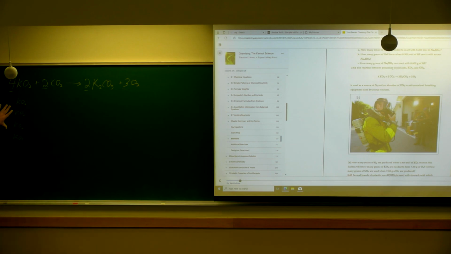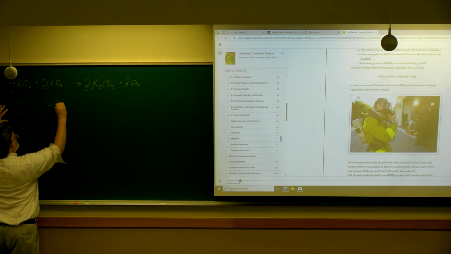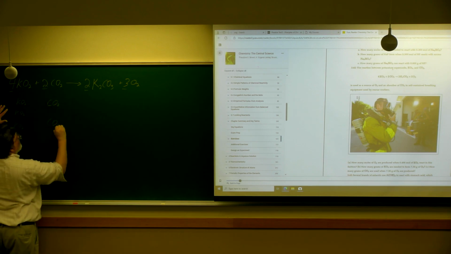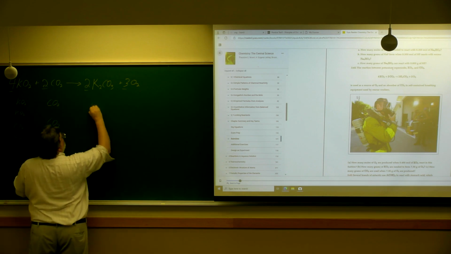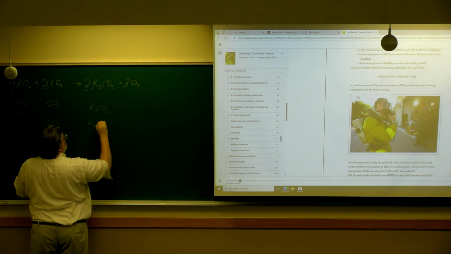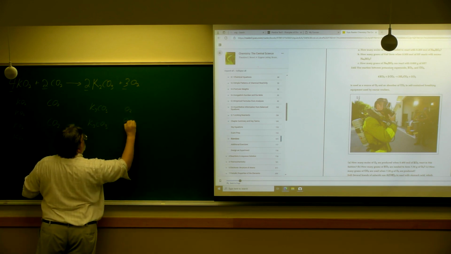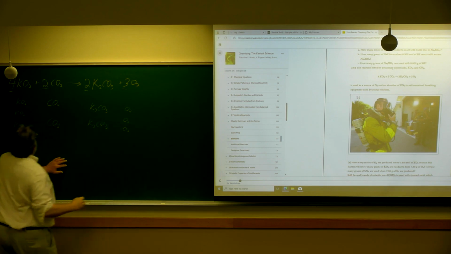You can picture 6.022 times 10 to the 23rd of these stacked behind that one. And then again and again and again, and that's why there's 4 moles. But you don't have to think that way. The 2 there means there's 2 of these formula units. 3 means there's 3 of these.